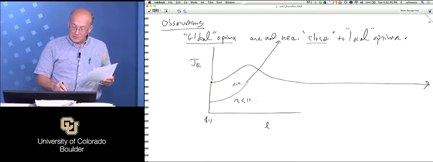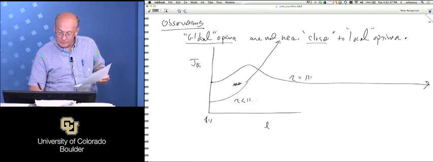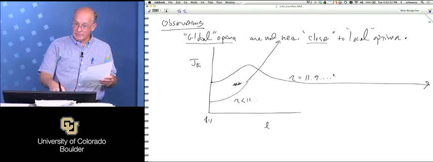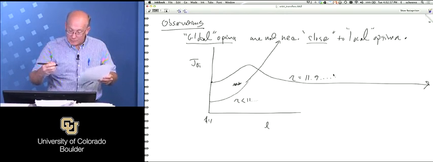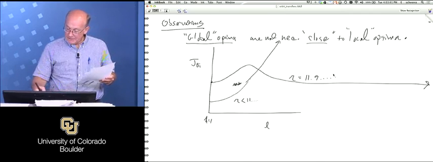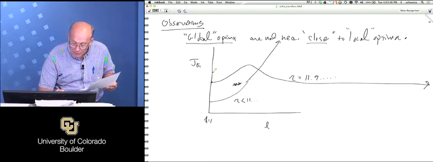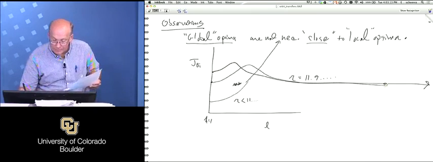But for the bielliptic transfer, going to a larger value, this curve is R equals 11.9, whatever. The bielliptic transfer still looks like it costs more money. And then as you go to a higher and higher value of R, you have to go off to infinity to save money. If you go a little bit larger, you will have this little maxima, but then it will come down and go off to infinity.